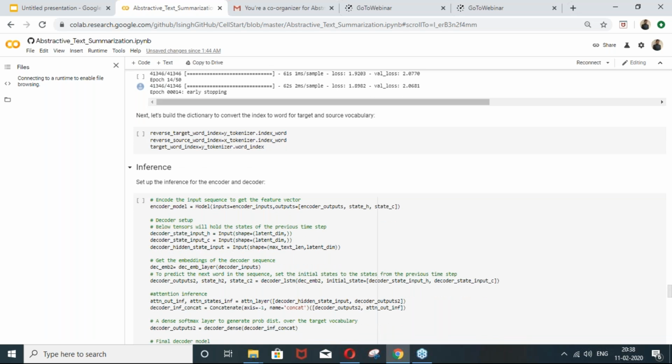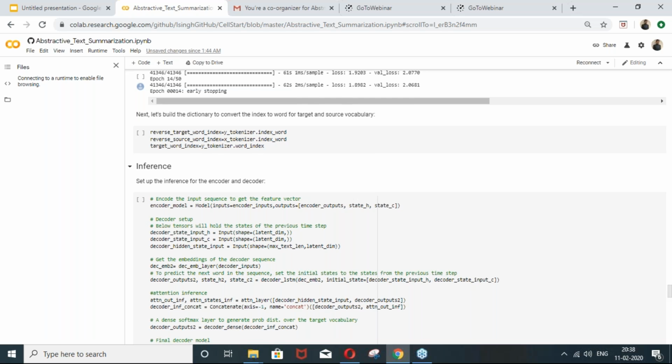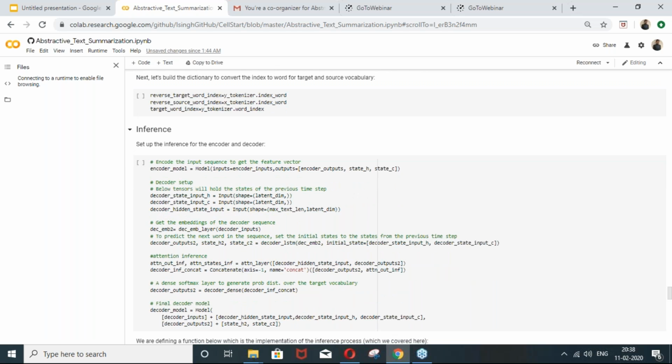We are also using an attention layer while extracting the output, the summary. A softmax layer is also used to generate the probability distribution over the target vocabulary.